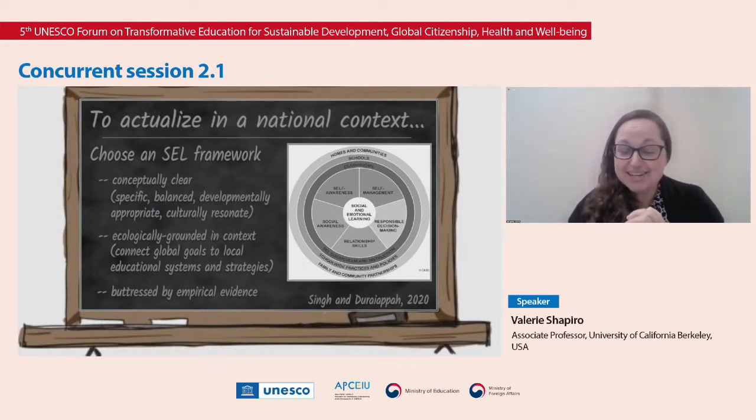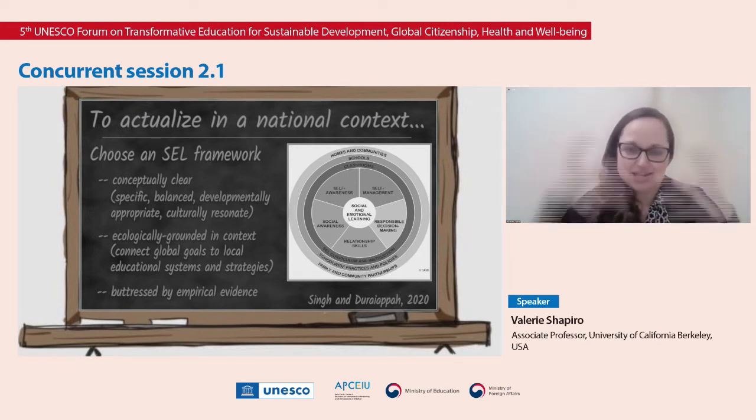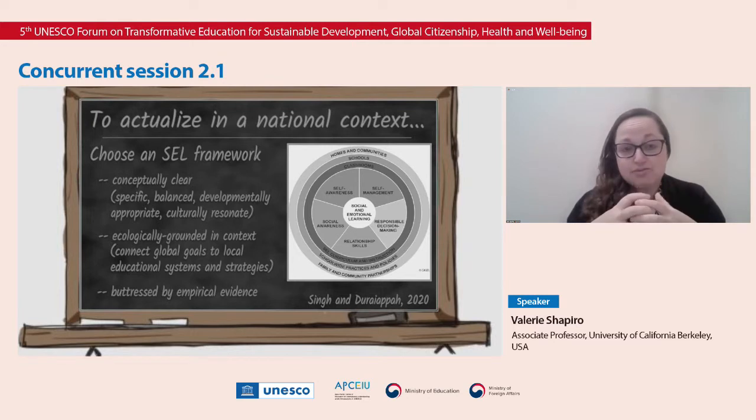So if we begin there, we need to think about how to use assessment to actually pull those lofty, ambitious, beautiful goals into a national context. And this is where each context will have to choose an SEL framework that makes sense in their context, that is conceptually clear, ecologically grounded in that context, and buttressed by empirical evidence.